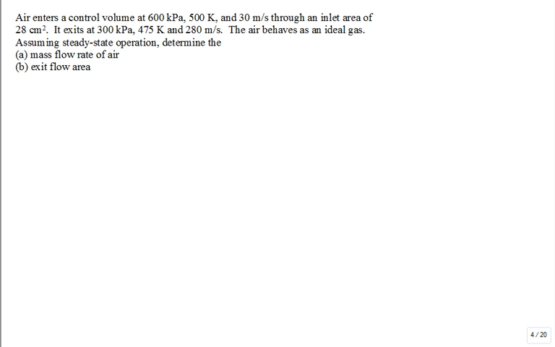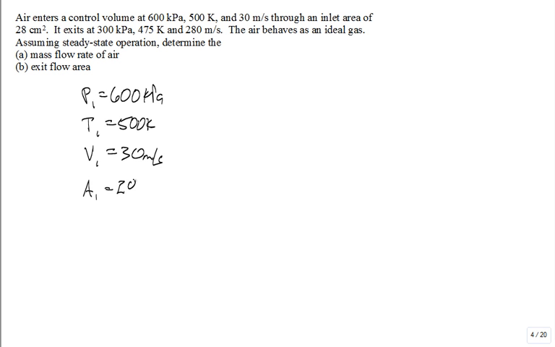Here's a problem. Let's go ahead and go through this problem. Air enters a control volume at a pressure P1 of 600 kilopascal, a temperature of 500 Kelvin, and a velocity of 30 meters per second through an inlet area of 28 centimeters squared.